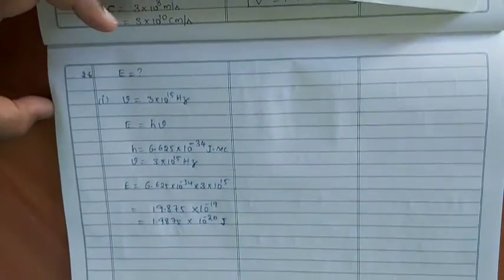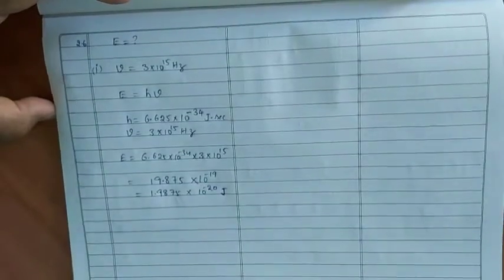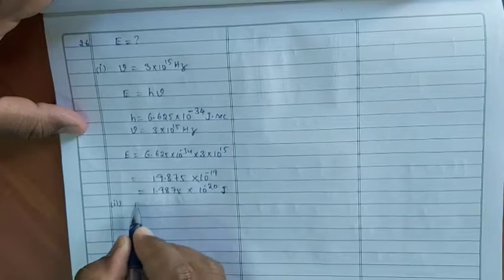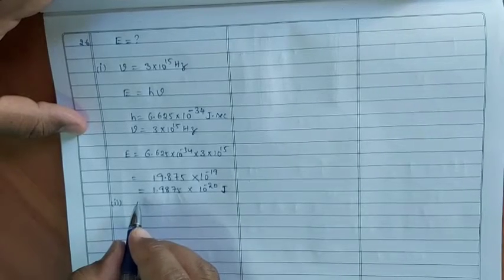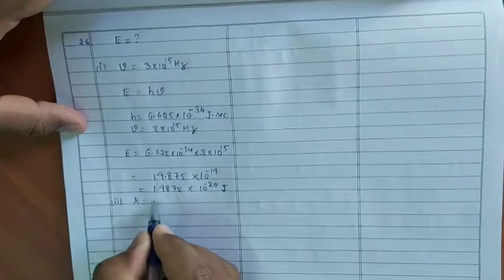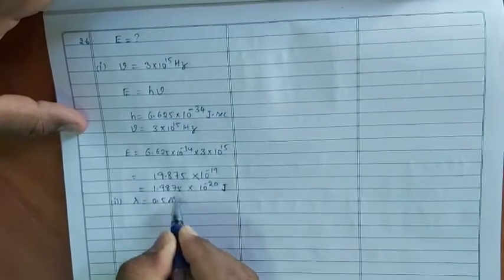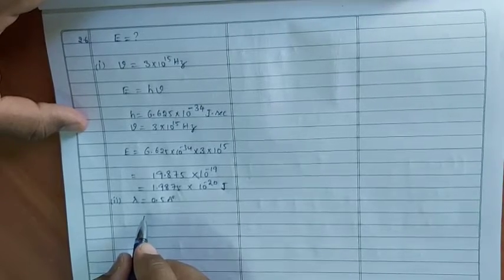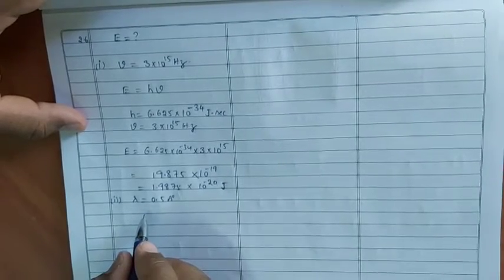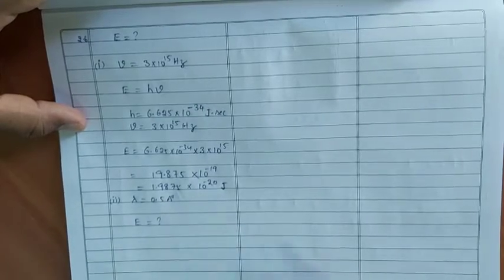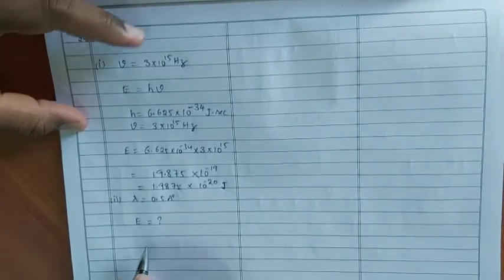Now we will go to second problem. They gave lambda is equal to 0.5 angstroms. We have to find energy. E is equal to question mark.